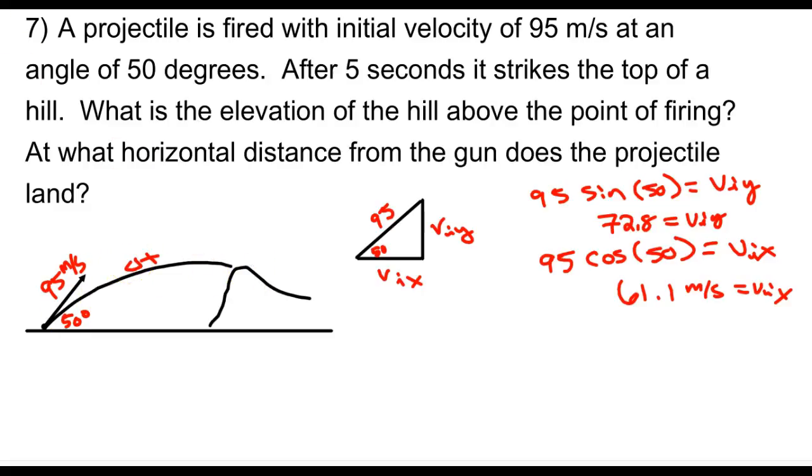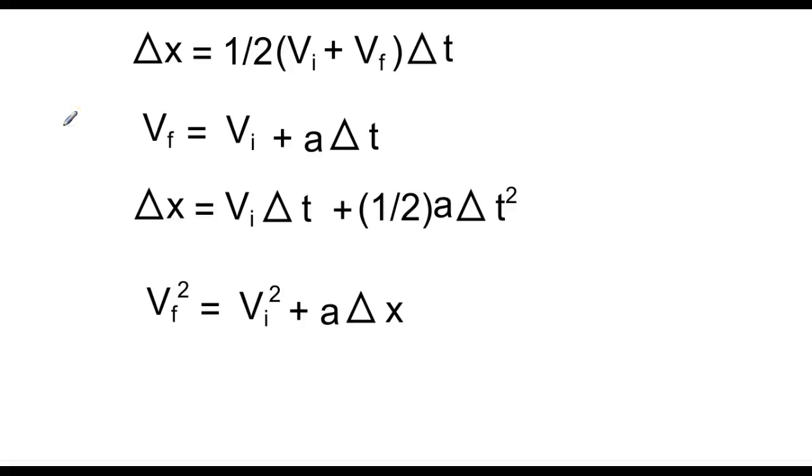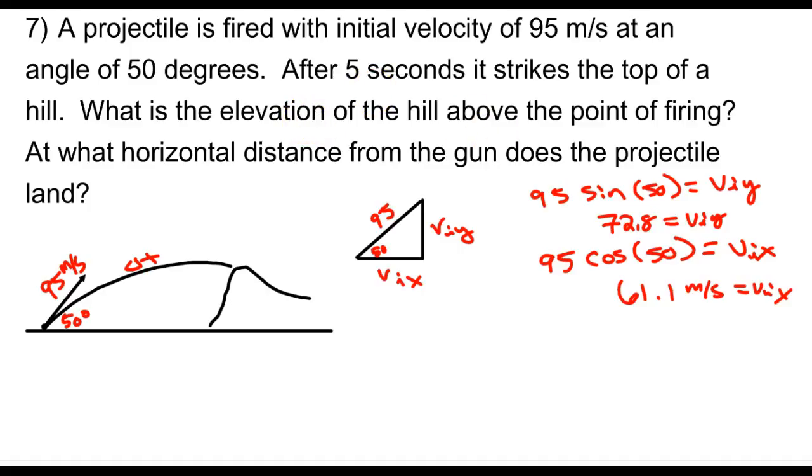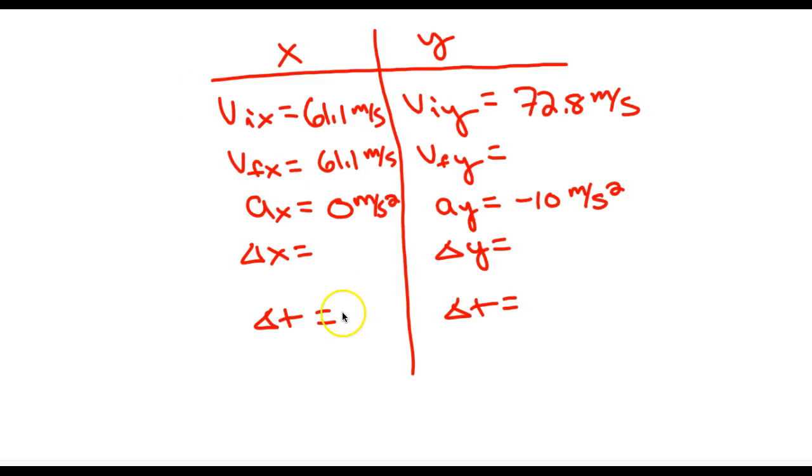Look at our equations here. We know initial velocity, we know acceleration in the y direction, we don't know final velocity. So the final velocity in the y gets knocked out right here. But one thing we didn't mention was we do know delta t. I meant to put that in here. Most of the time we don't know delta t. We know delta t this time, 5 seconds. That makes the problem a little bit easier to do, doesn't it?